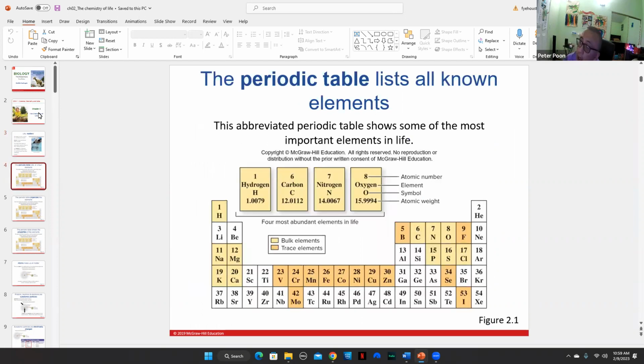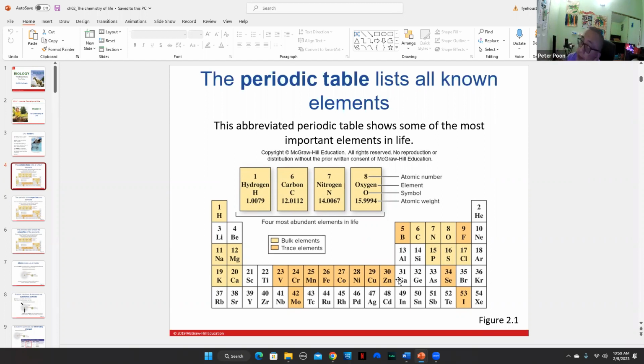Okay. So I'm sure you guys have all seen this at some point in high school. This is a periodic table. The periodic table lists all the known elements. The four that you definitely have to know, the four major elements that make up life: hydrogen, carbon, nitrogen, oxygen.